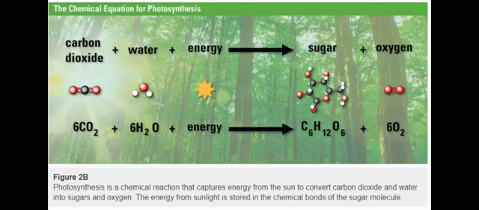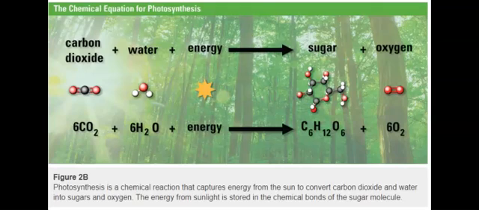The reactants in this chemical equation are carbon dioxide, CO2, and water, H2O. And the products on the other side of that yield sign are sugar, C6H12O6, and oxygen, O2. That's the important thing for us. Not only is it the sugars that we eat, it's the oxygen that we breathe.